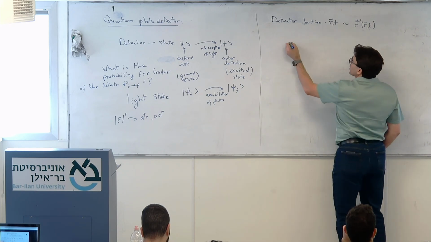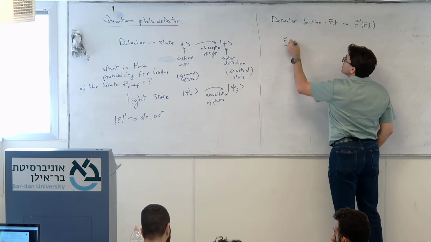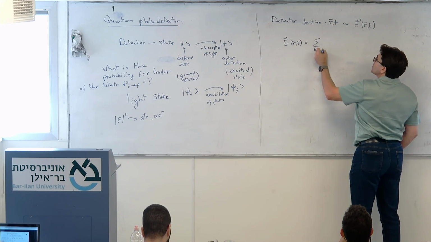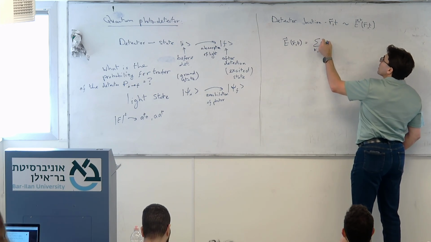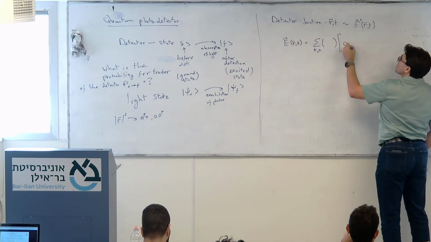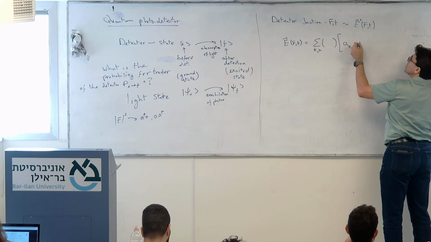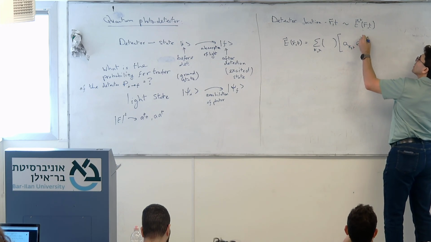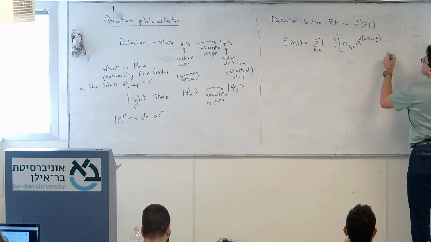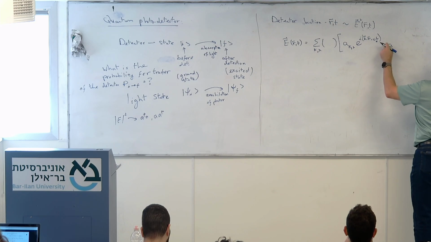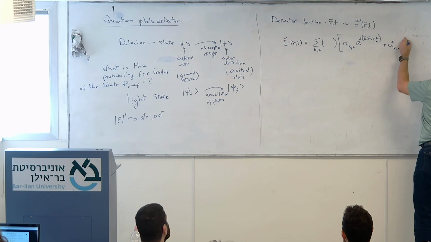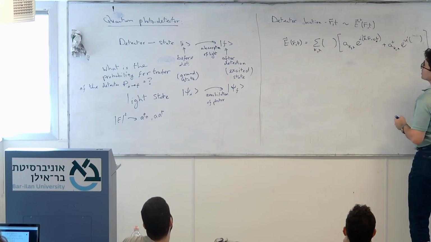But let's just remember that quantum mechanically E of R and T is a sum over k and lambda, with a normalization that I don't care about, times a_{k,lambda} e to the i (k dot R minus omega T), plus a dagger with the opposite sign in the exponent.